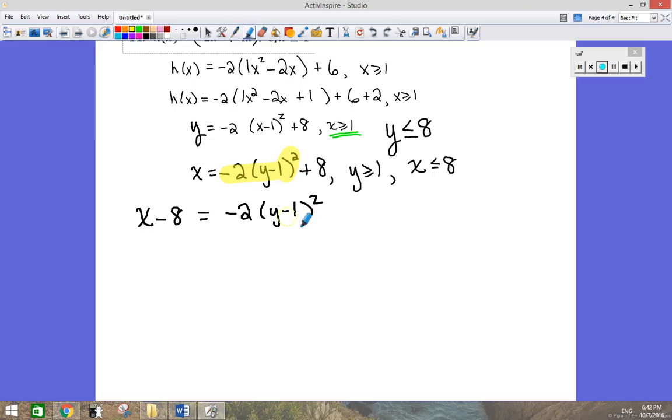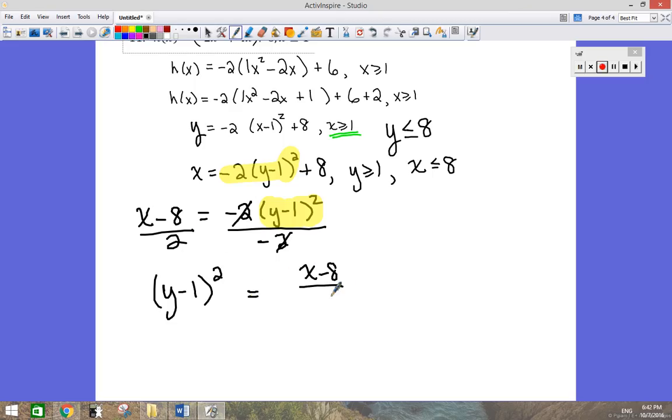I see two factors here. One of the factors is negative 2. The other factor has my variable of interest. I'm going to divide both sides by negative 2, and I'm getting closer and closer to getting that y by itself. I'm going to write the y minus 1 squared on the left, and this fraction x minus 8 over 2 on the right.